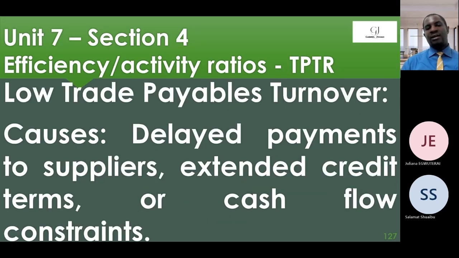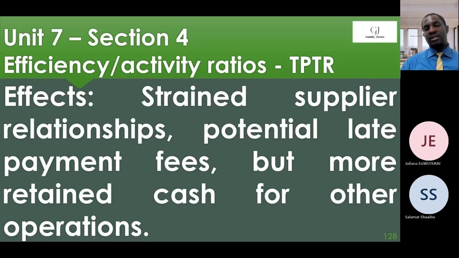A low one is caused by delayed payments to suppliers, extended credit terms, or cash flow constraints. The effects include strained supplier relationships, potential late payment fees, but more retained cash for other operations. So you are doing it at the expense of the supplier's business, which is not good. Your business is going on well, but you are scuttling another person's business.